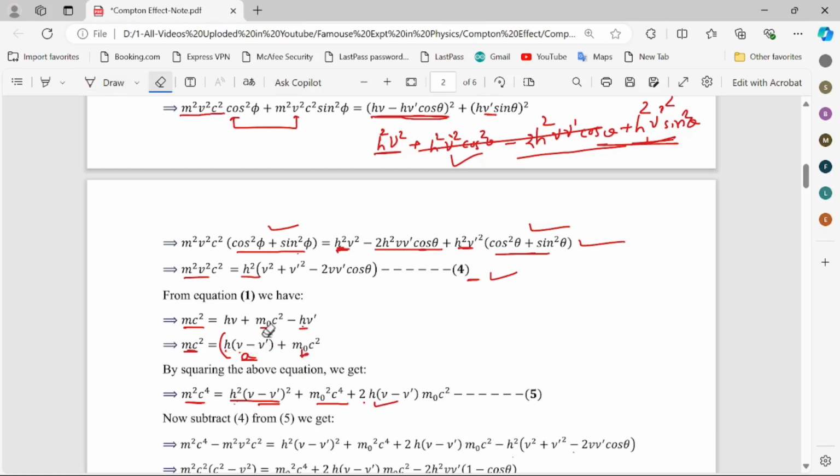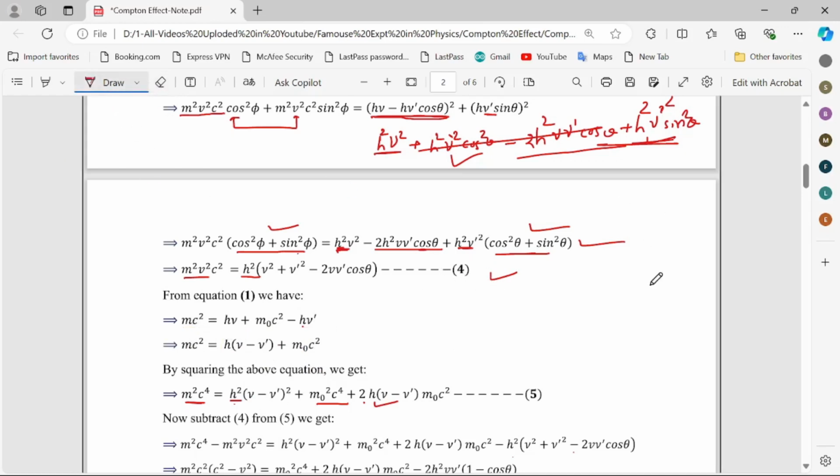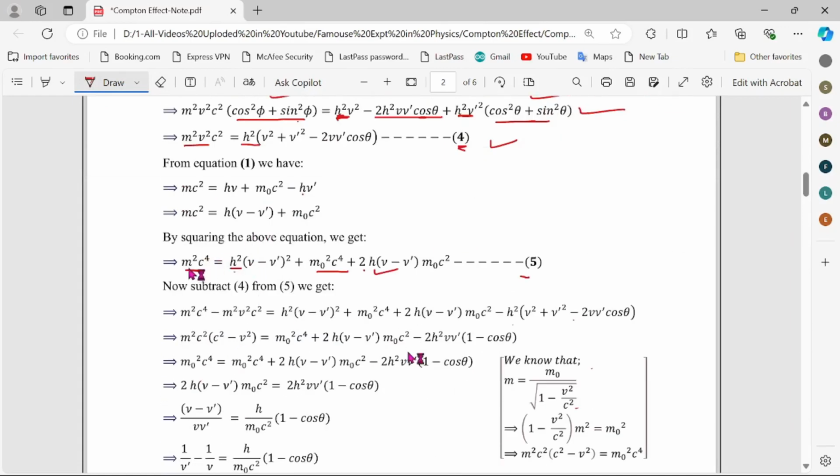Now subtract equation number 4 from 5. So we get m square c to the 4 minus m square v square c square, I have written over here, and I have written these three terms, first, second, third, minus this term, right?